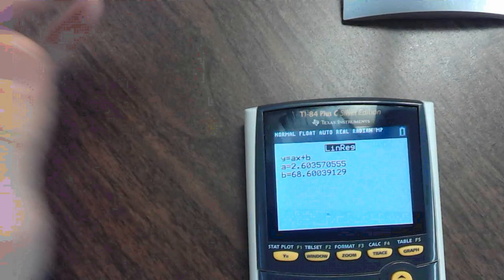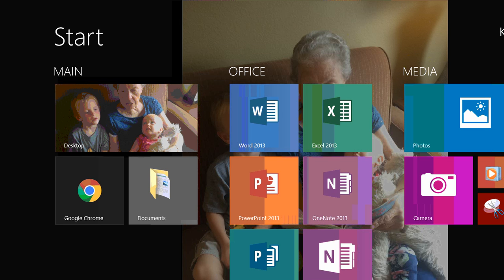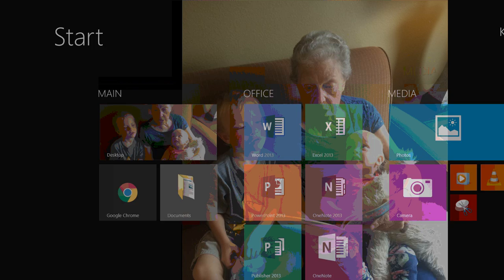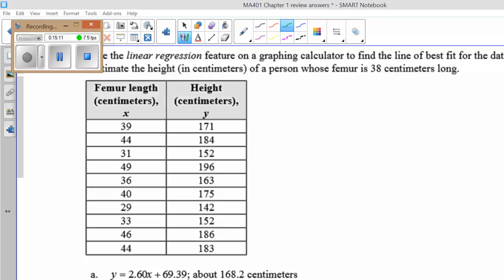So go back to your test now, or your review, and which answer goes along with that? Well, hey, fancy that. Only this answer has that. But we can check the centimeters just to be sure.